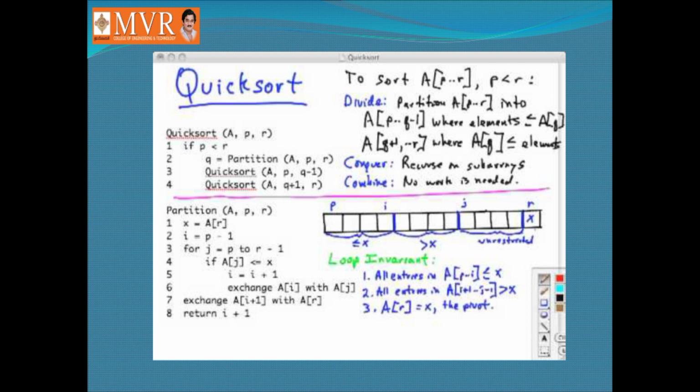After swapping, I will get a situation where my pivot element is in the middle, the left sublist is smaller than the pivot element and the right sublist is greater than the pivot element.